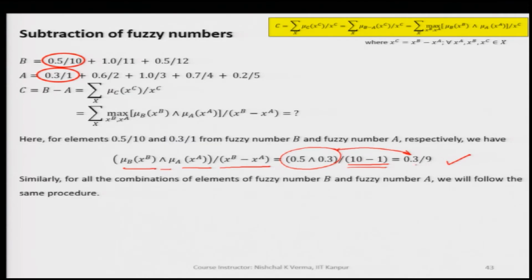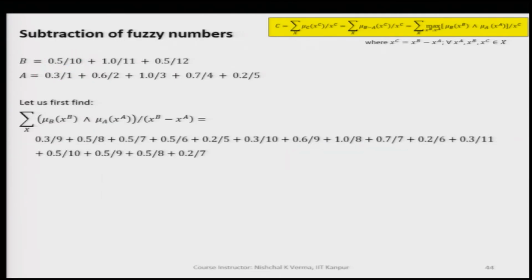So, 0.3 oblique 9 we are getting as one of the terms of fuzzy number C, which is the outcome of B minus A. Similarly for all the combinations of elements of fuzzy number B and fuzzy number A, we will follow the same procedure.